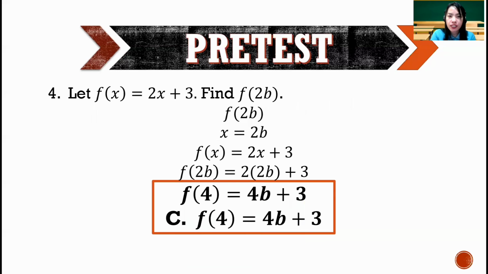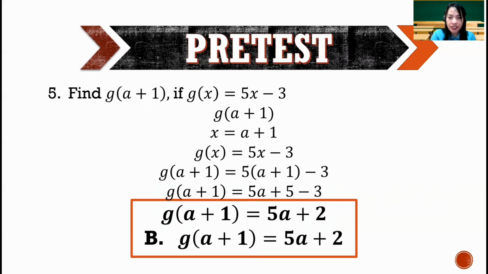In number 4, letter C is the correct answer. This is the complete solution for this item. And last number, 5, the correct answer is letter B. This is the complete solution for the last item.